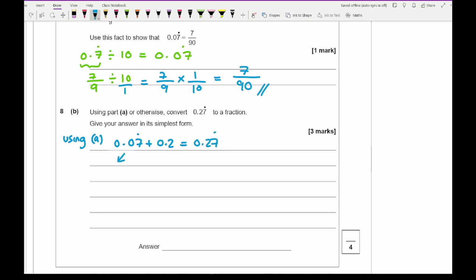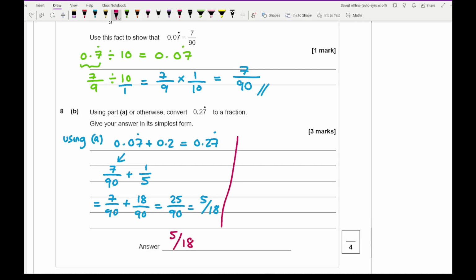Now this we know from part A is 7 over 90 plus 0.2 as a fraction, which can be written as 1 over 5. Then if I convert the fractions, I get 7 over 90 plus, and if I multiply this fraction by 18 I get 18 over 90, which then gives me 7 plus 18, which is 25 over 90. Then I can simplify that by dividing both numbers by 5, in which I get 5 over 18. Now that's using the answer from part A.